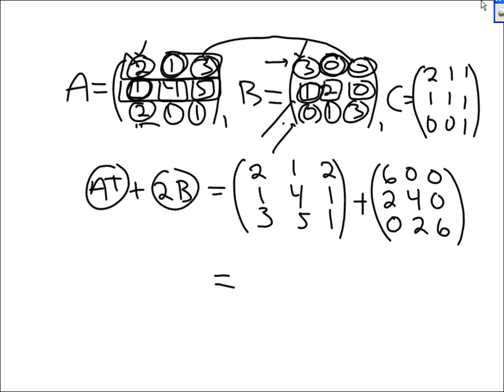And now we know what matrices we're adding. It's this matrix plus that matrix. We know what A transpose is now. We know what 2B is now.